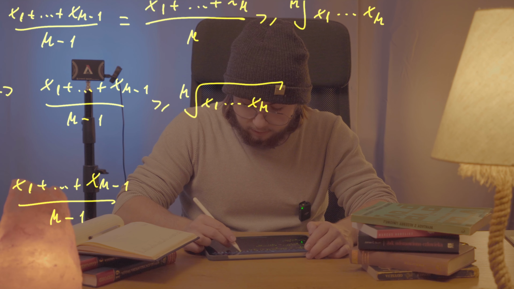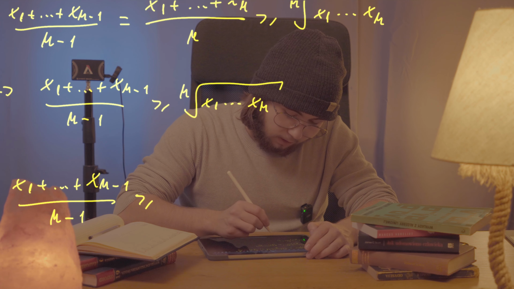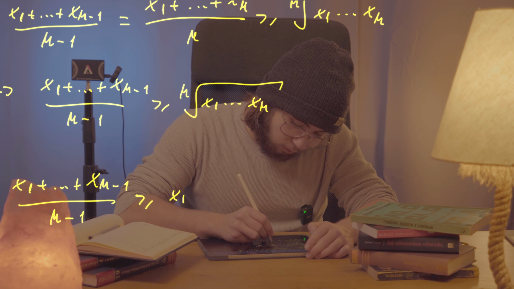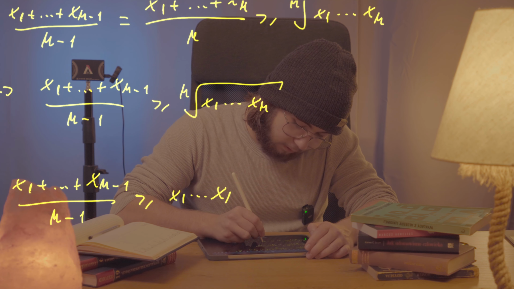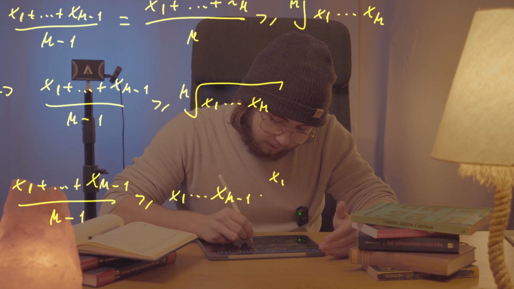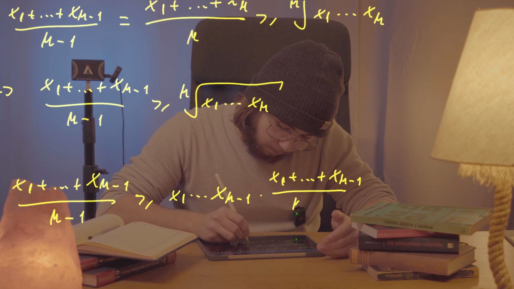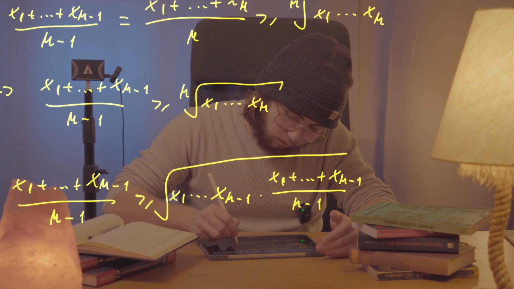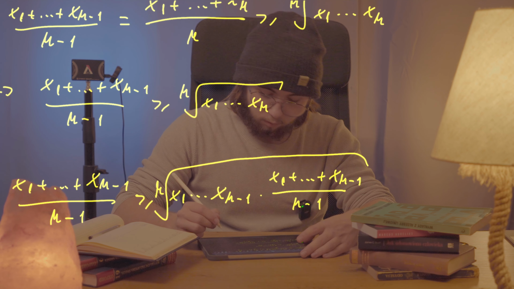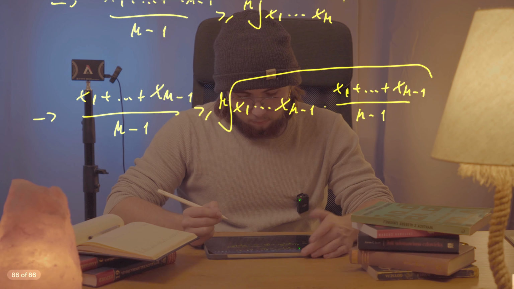So the arithmetic mean of k minus 1 numbers is going to be greater than or equal to the product of the first k minus 1 numbers, multiplied by x sub k, which is equal to the arithmetic mean of the k minus 1 numbers. And it's all going to be under a kth root because the degree of the root is not changing at all.